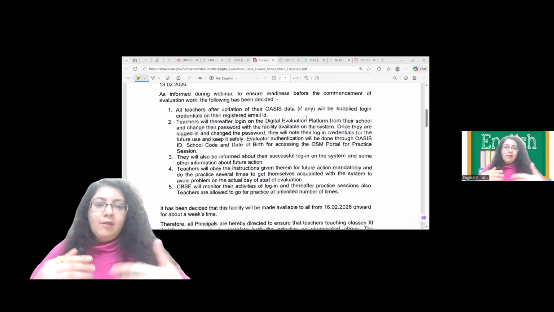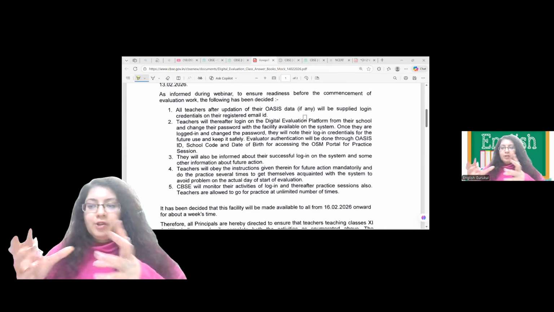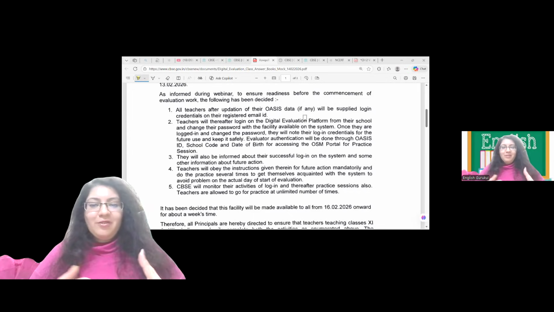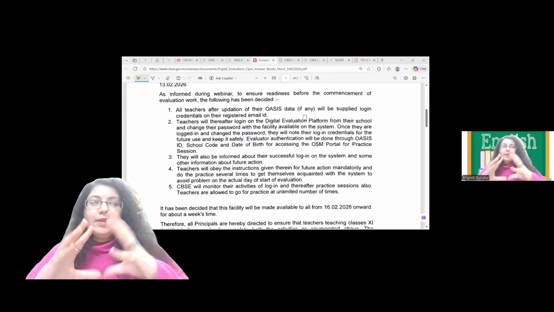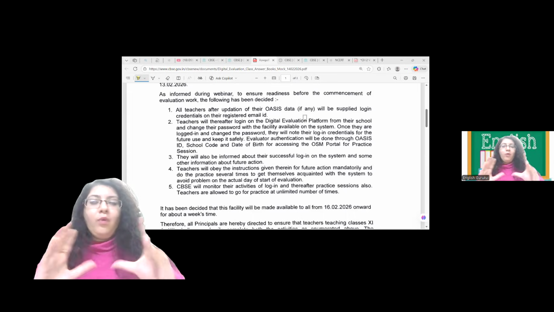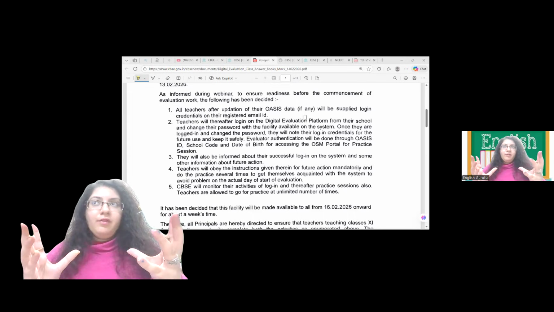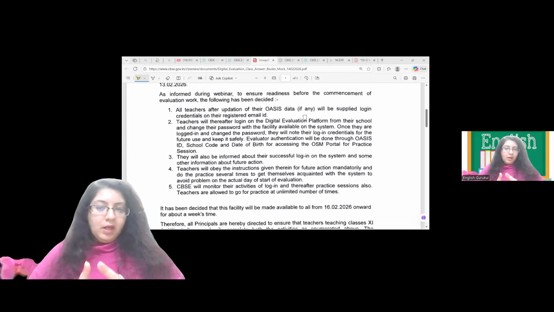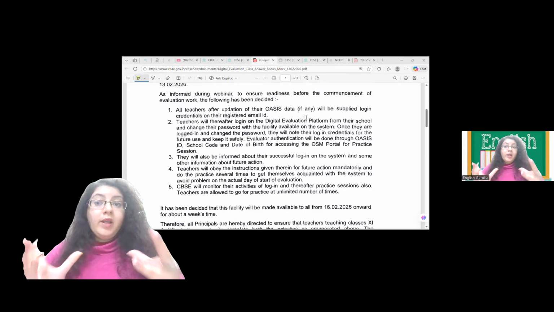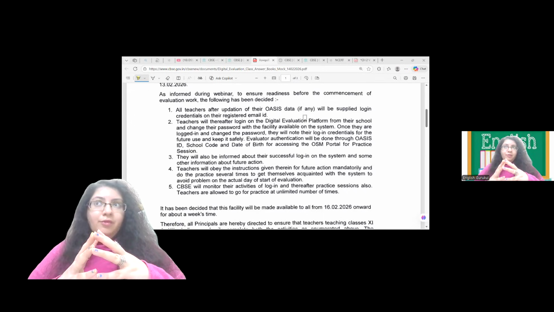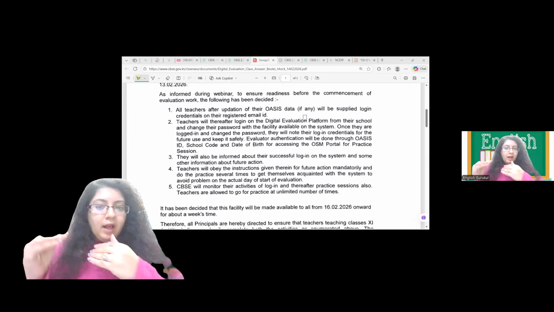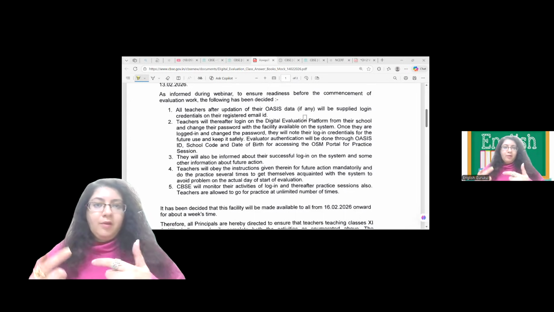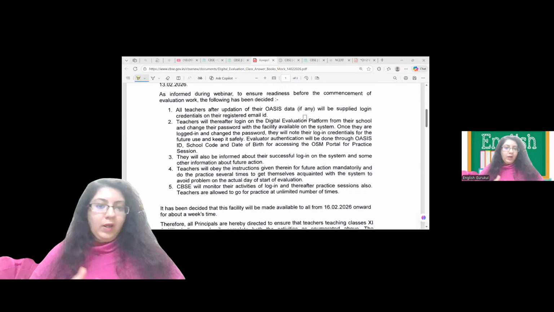So teachers have to obey whatever instructions are given to them, and practice several times to make themselves familiar with the system, so that they are prepared well in advance.